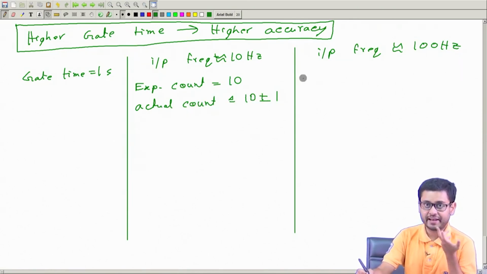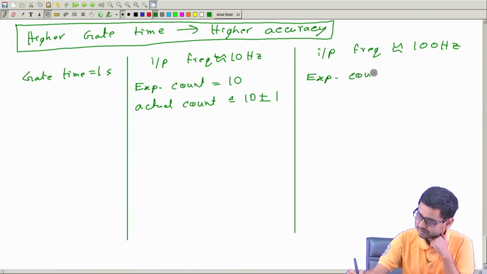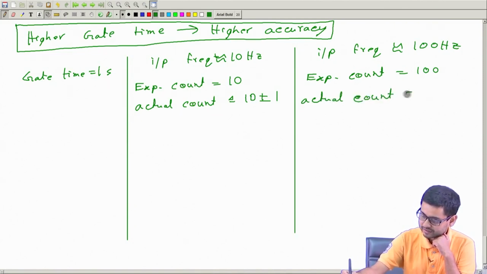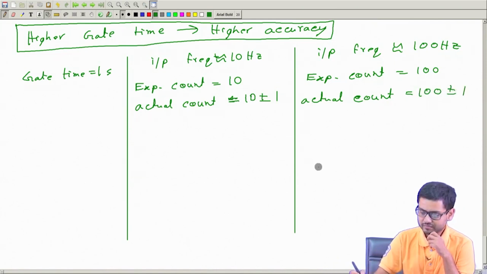We can miss an edge, we can have an extra edge from the next or previous cycle. In this case, again, expected count is around 100, but actual count will be 100 plus minus 1. Okay.